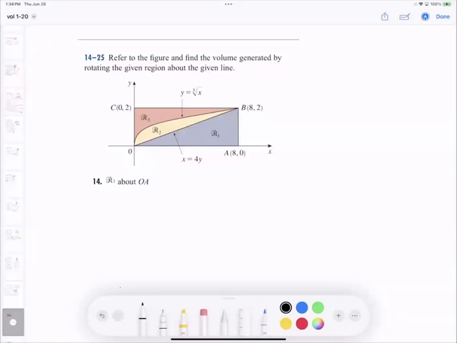In this question, we are interested in finding the volume generated by rotating the region about the given line. So first of all, we want to take R1 and rotate it about line OA.